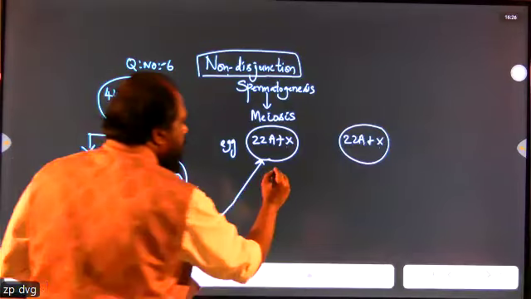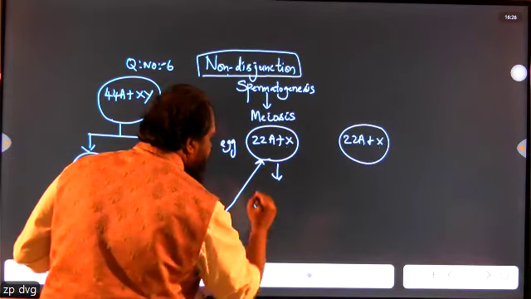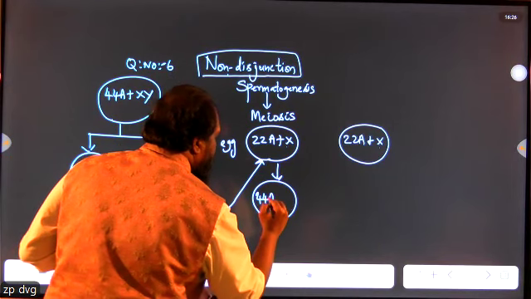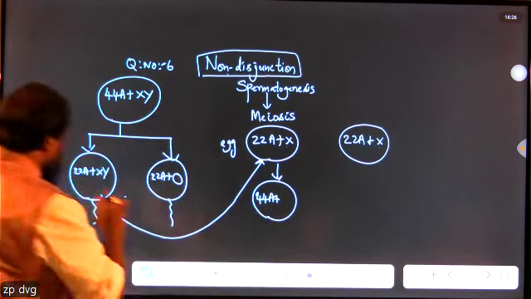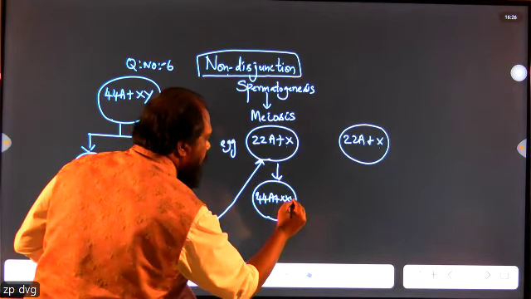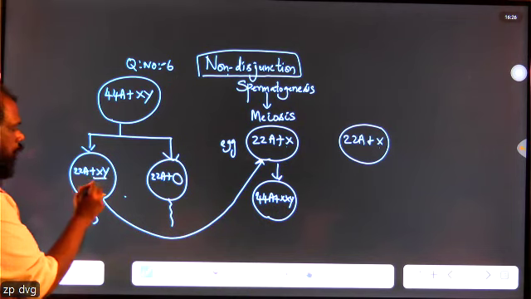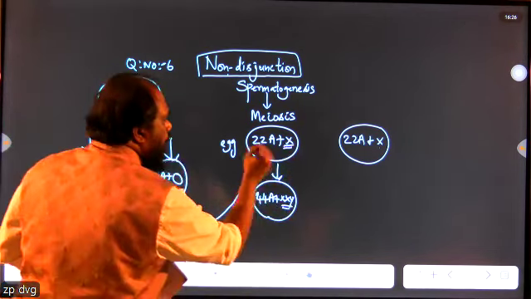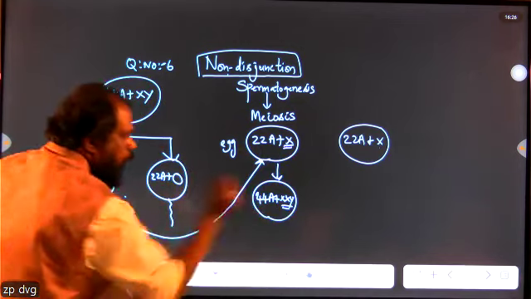Now what will you get? We'll get 44A plus XXY. Understood now? XXY condition you will get. Here already XY is there. Here one more X is there. 22A plus 22A is 44A.